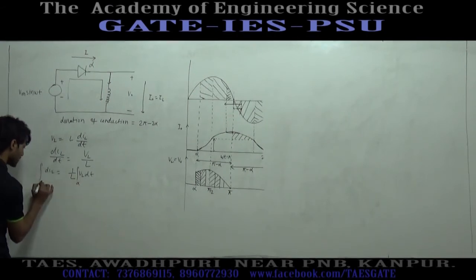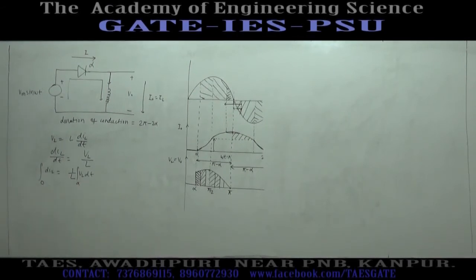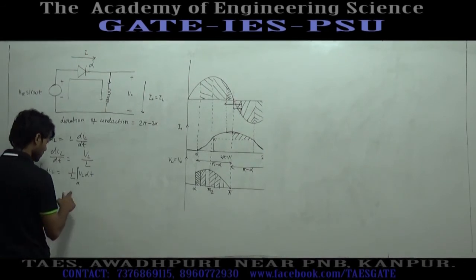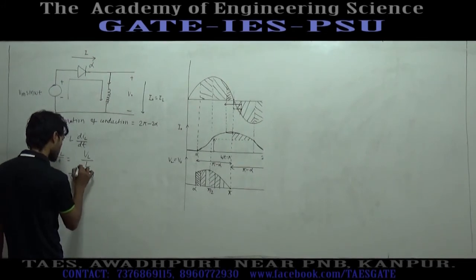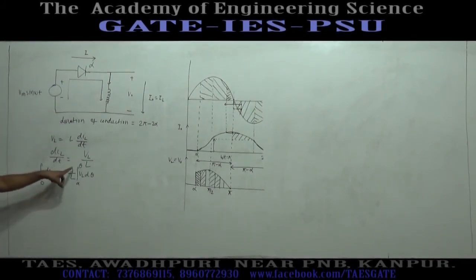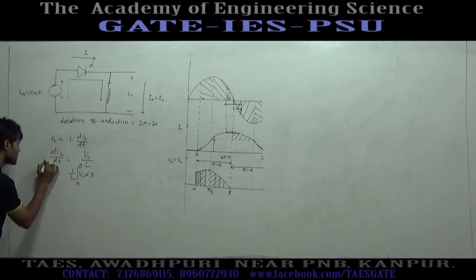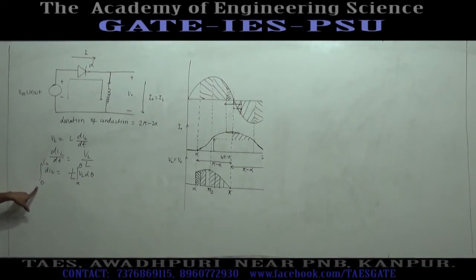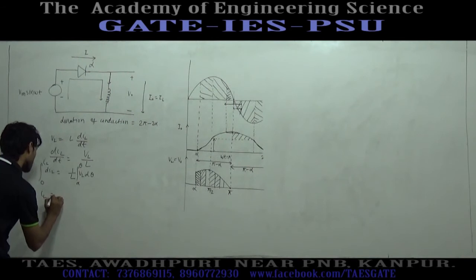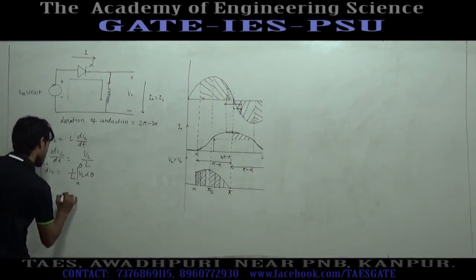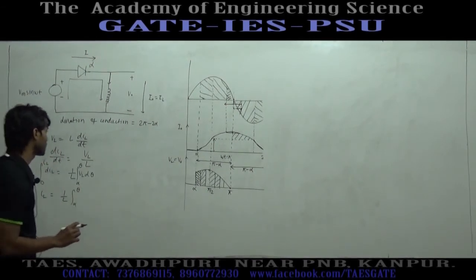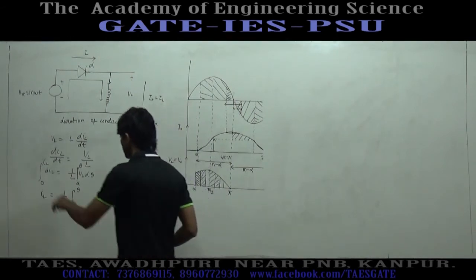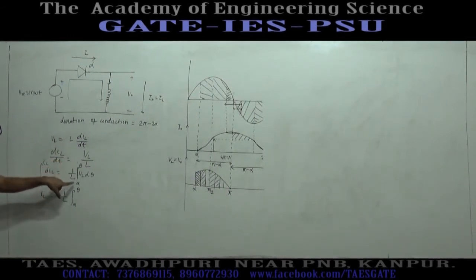At alpha the current is 0, and we will integrate in angle domain. At any angle theta we do not know the value of current, so we will assume the current is inductor current IL. The integration of dIL is IL, and IL minus 0 equal to IL. So this integration will give us IL equal to 1 by L from alpha to theta, where from alpha to theta the current is conducting.